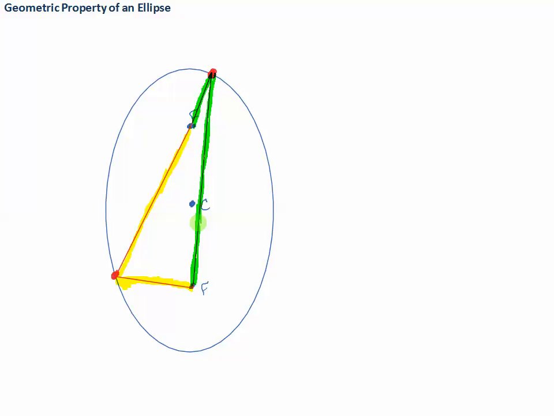So I think you would agree that any point on this ellipse could be connected to both foci, as I've done with these two, I'll call them strings. The property that an ellipse has is the yellow string, and I don't literally mean string, I'm just doing that to make it seem more tangible.